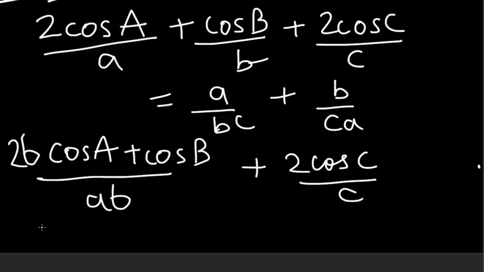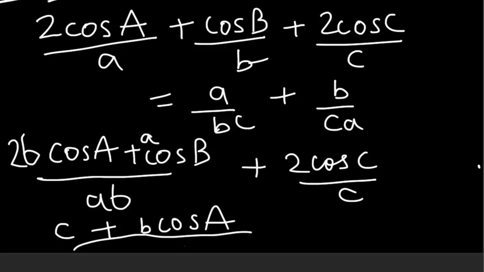Let's see what we can do. So let's just write this down. If we refer to the projection formula, this will be equal to, and by the way this is equal to a cosine b, so there's a here, so this whole thing is equal to c plus b cosine a, all divided by ab, plus this term, which is still the same.